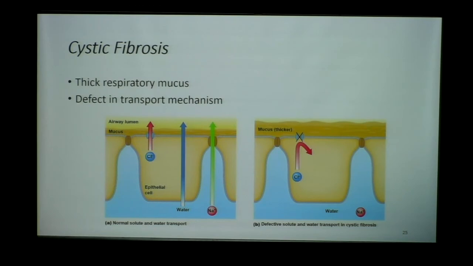And so because we have a defect in this chloride channel, we cannot secrete chloride. We cannot get chloride out of the cell. And so we don't have enough solutes here to create that osmotic pull. And so we have a much thicker, viscous mucus than someone who has a properly functioning chloride transporter.